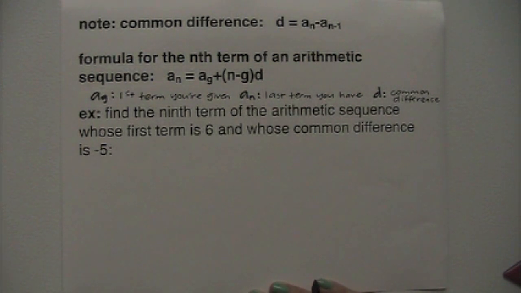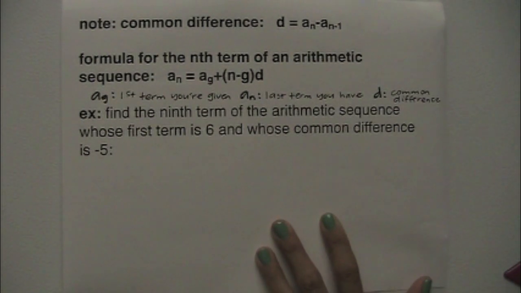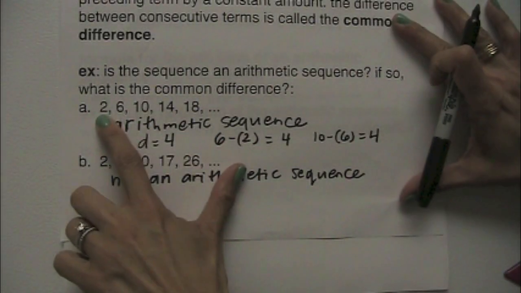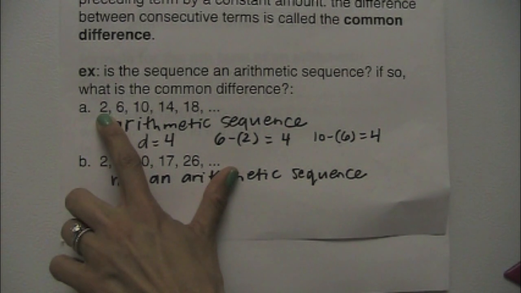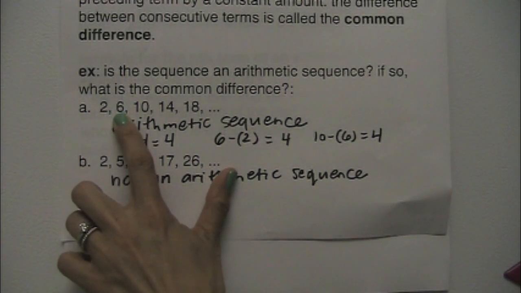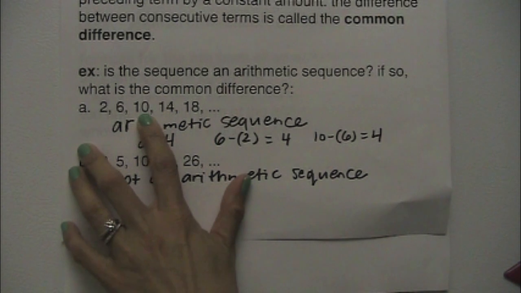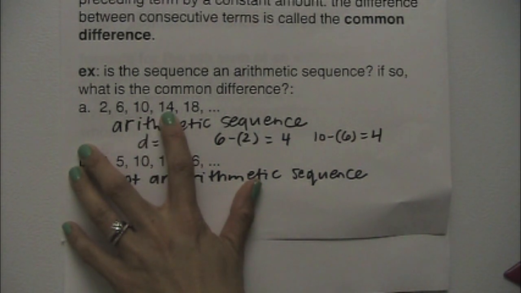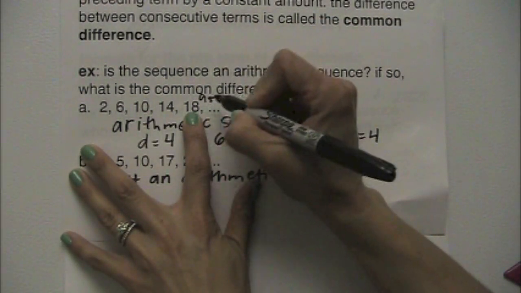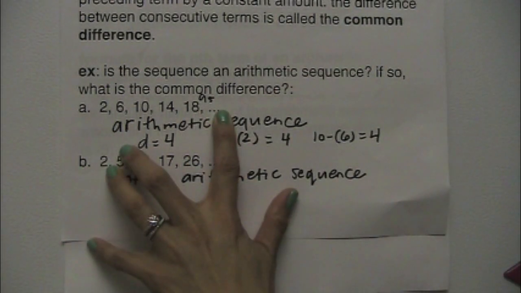Next, if you have a couple of terms in a row, like in that last problem where we had 2, 6, 10, this is your first term, we'll call it a sub 1. 6 is your a sub 2, 10 is your a sub 3, 14 is a sub 4, and this would be your a sub 5. If I wanted to find a sub 6, we would just add our common difference of 4 and get that next value of 22.